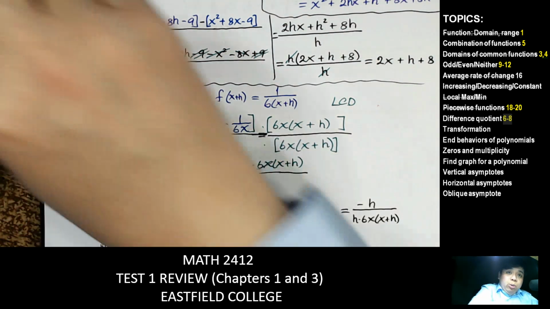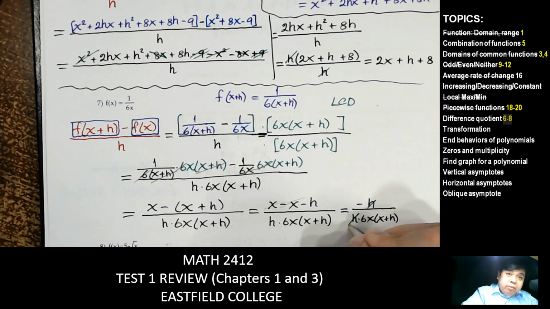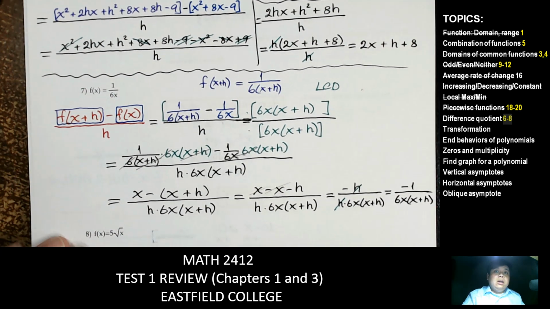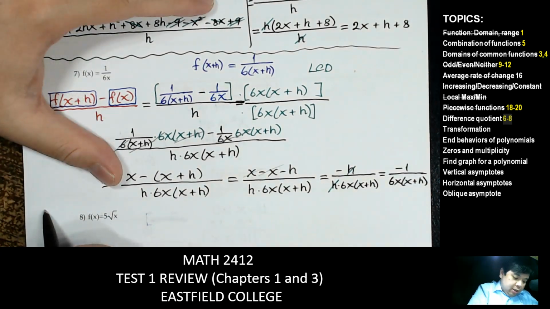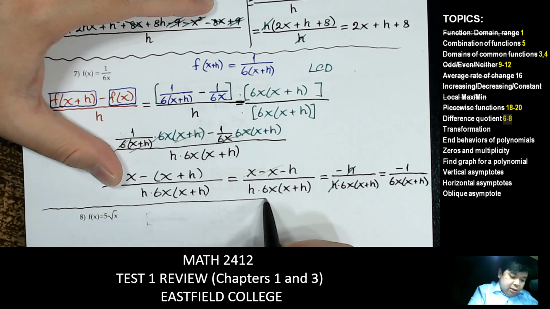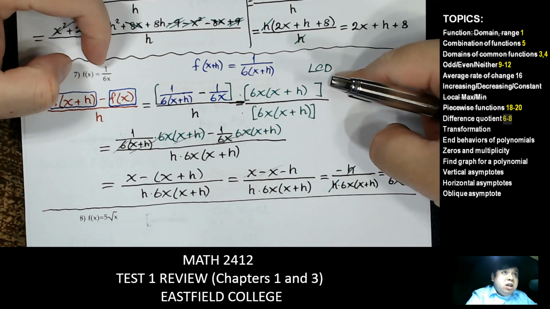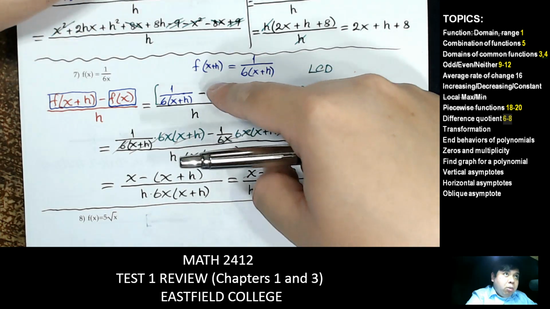And finally, we do cancel the h at the bottom. So it becomes -1 over 6x times x plus h. And that's what we have. Right. In this one, we need to multiply by the least common denominator to simplify the complex fraction.